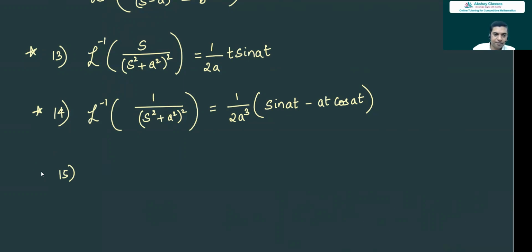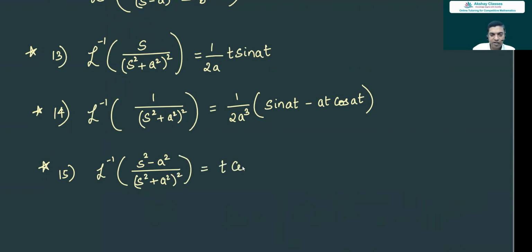And Laplace inverse of (s square minus a square) by (s square plus a square) the whole square is t cos at. So take cos at and do its derivative. Cos at is s by s square plus a square.